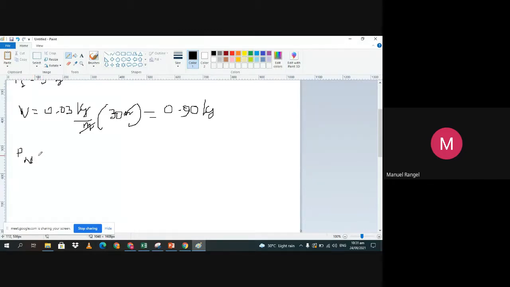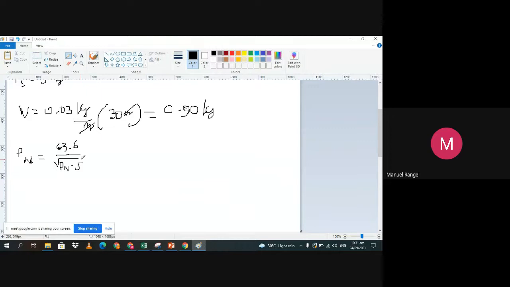So again, from the previous example, substitute lang nato ang mga values: 0.204 times the total weight of 0.9 divided by the square root of the product of the cross-sectional area times the modulus of elasticity, divided by the square root of Pn minus Ps, would give us 63.6.